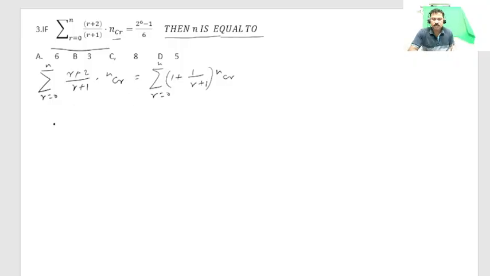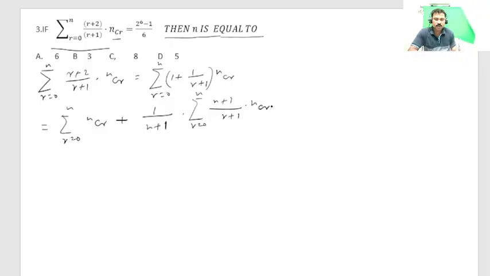if we multiply this, that can be written as sigma r equals to 0 to n nCr plus, if we run r equals to 0 to n, so 1 plus, we first multiply n plus 1 here, and sigma r equals to 0 to n, here n plus 1, and here r plus 1, here nCr.